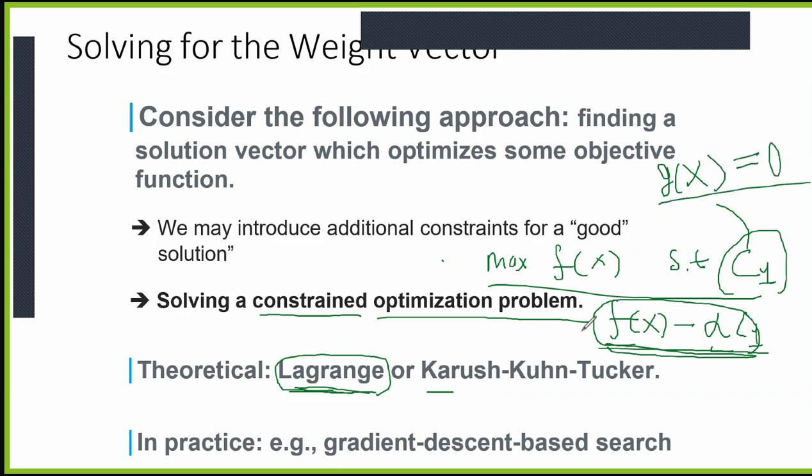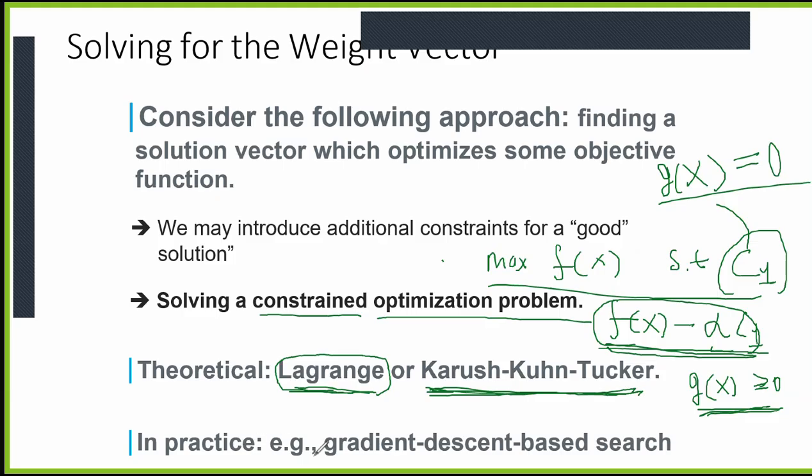But in the SVM, the constraint that we will go over is an inequality constraint, which is g of x is greater than or equal to 0. And for that reason, the KKT condition is an extension of the Lagrange multiplier framework that is designed to handle also the inequality constraints.